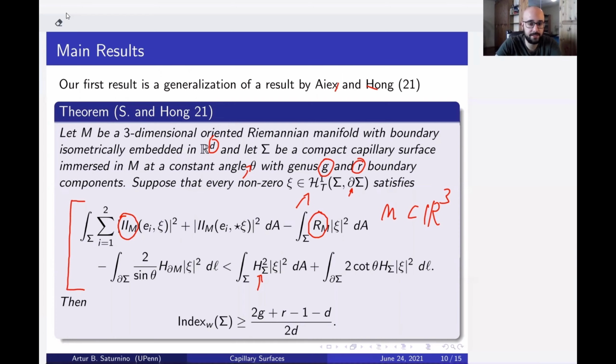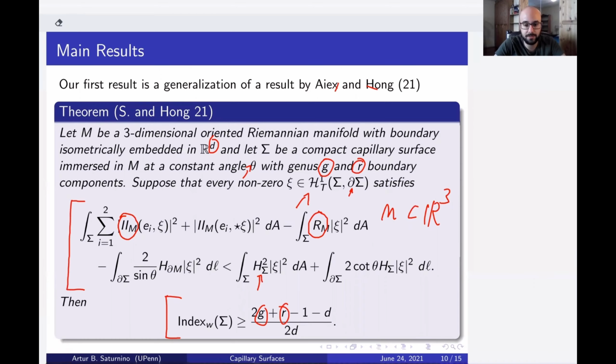Okay, so given this inequality, we have a lower bound for the index of sigma, which depends only on the genus and the number of boundary components, which is a type of result that is recurrent in the study of index of CMC surfaces and minimal surfaces and so on.